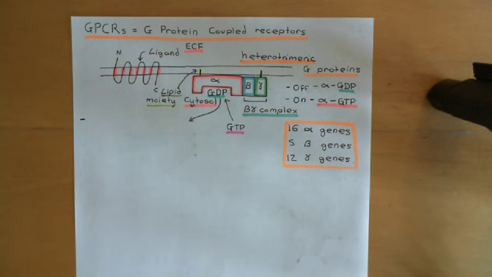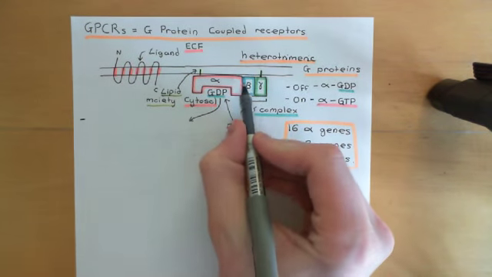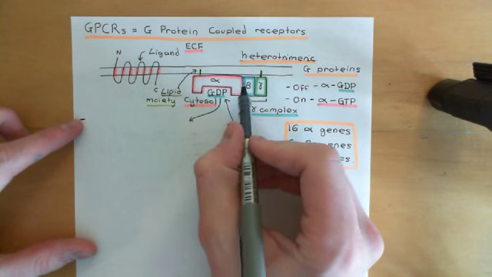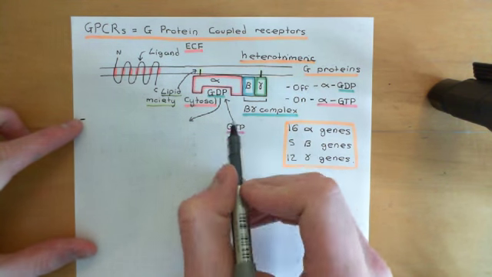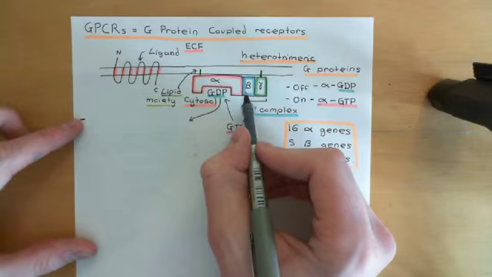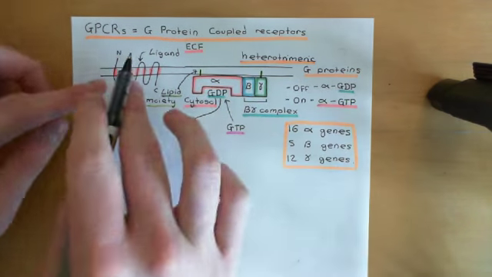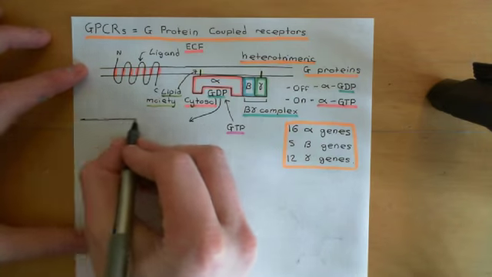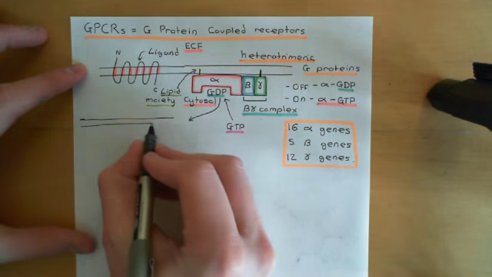The alpha subunit now has GTP bound to it, so it changes conformation. In this new conformation, it can no longer bind to the beta-gamma complex, so it splits apart from the beta-gamma complex, and both the alpha subunit with GTP bound and the beta-gamma complex split away from the G protein coupled receptor.